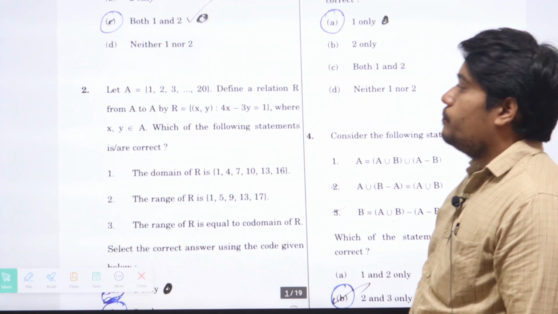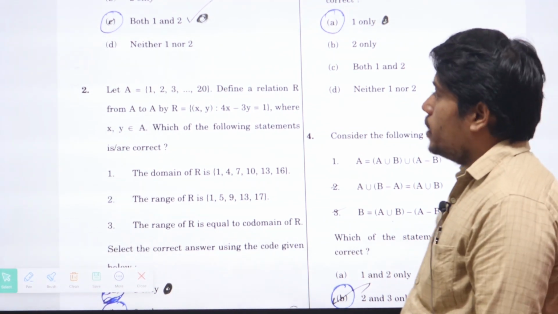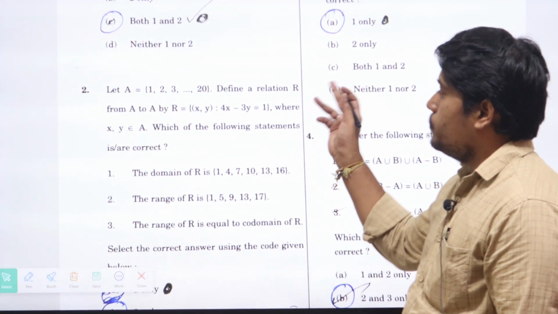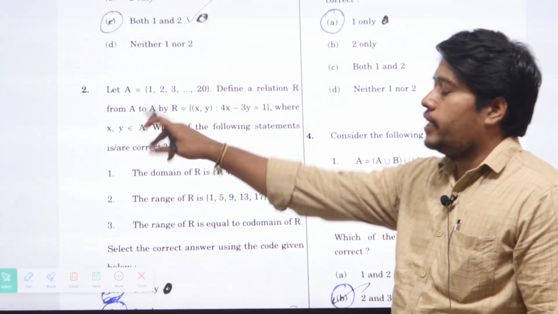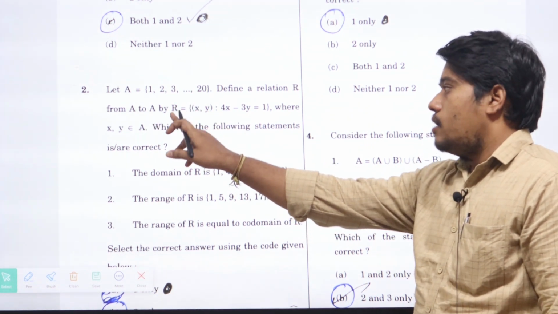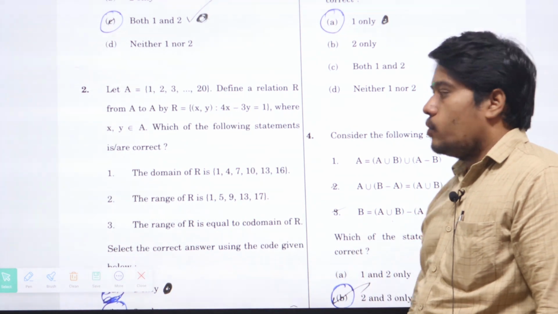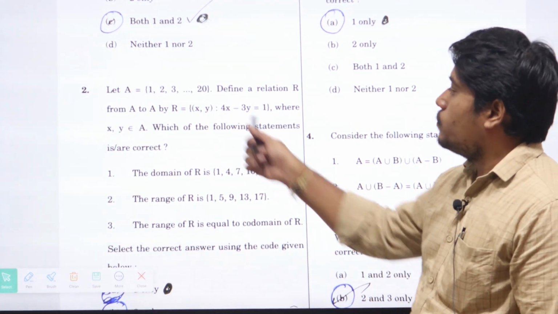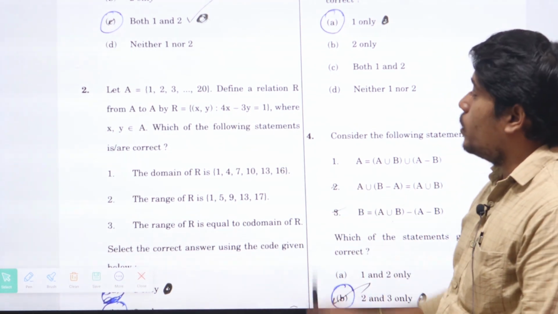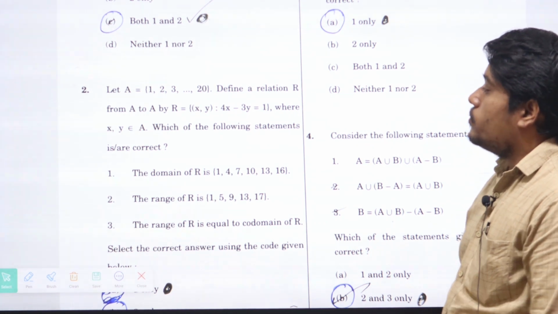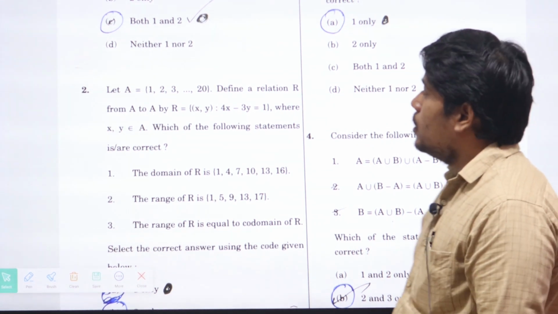So second question: let A equal to 1, 2, 3 up to 20. Define the relation from A to A by R, which is equal to (x, y), where 4x minus 3y is equal to 1, where x, y belong to A. Which of the following statements are correct?